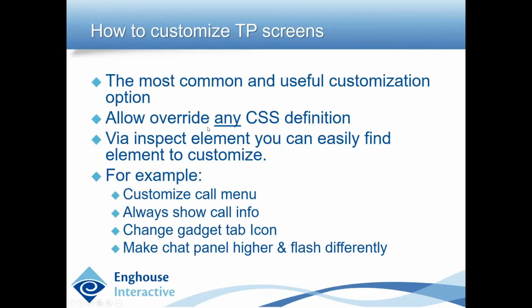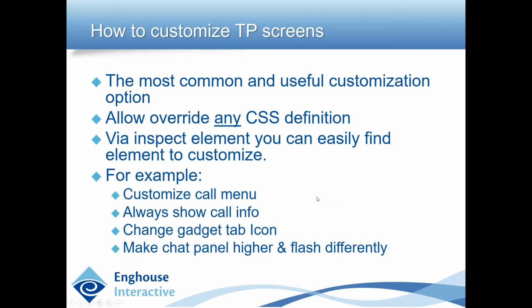Now, for the last example, I want to show you a few additional examples of how to change other things. In Touchpoint, it is all across the application. I just picked several things that maybe will be useful, or just to demonstrate the capability of the CSS override.